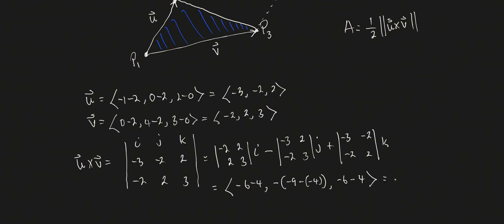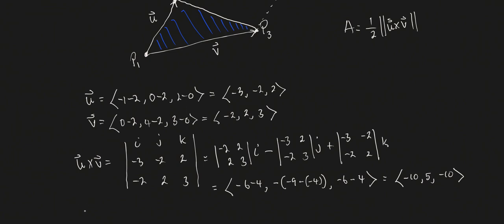So here is the cross product of U and V, and we end up getting negative 10. In the outer pair of parentheses, we have negative 9 plus 4, so that's negative 5, but then that negative in front makes it a positive 5, and then finally we have another negative 10. All right, good. So that's the cross product.